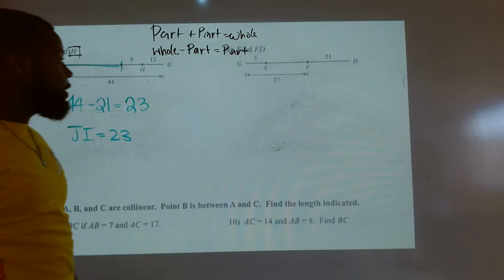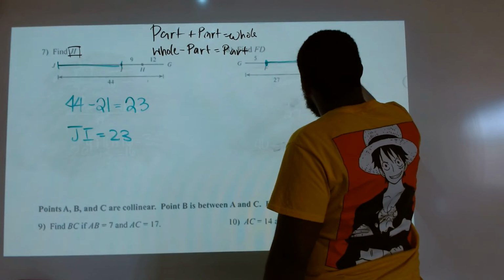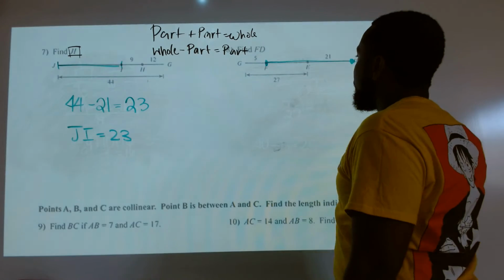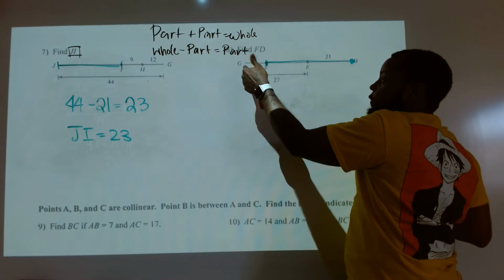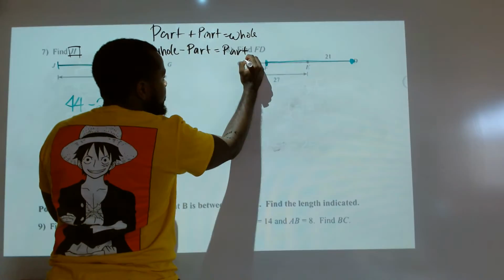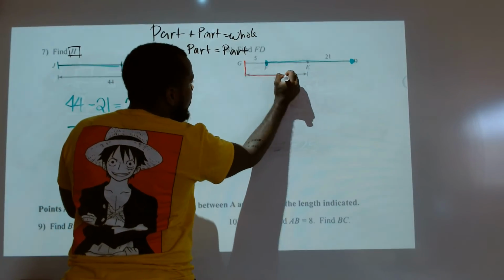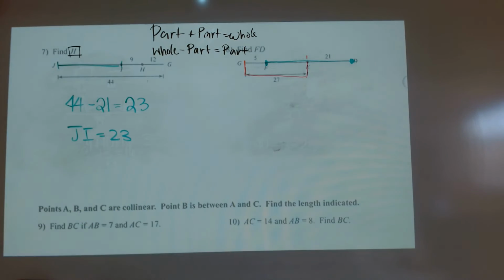Let's go ahead and move over here. It says find FD. So part of it, from G to E, that's this part. From G all the way to E, that's 27.